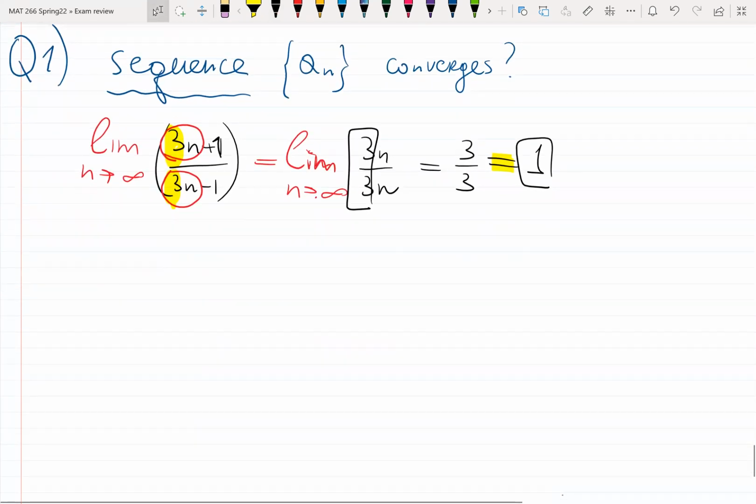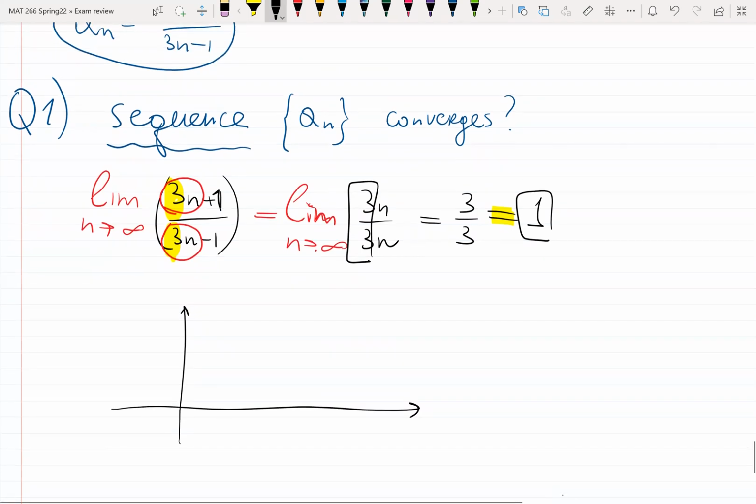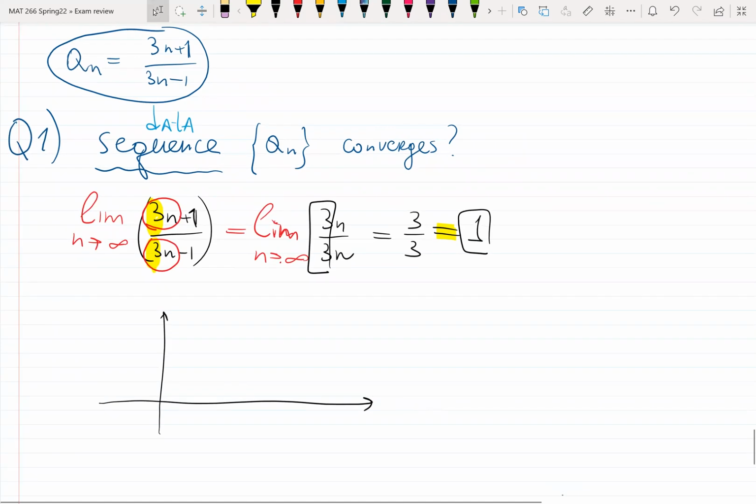The visualization will be like so. A sequence is a data set of points. What points? At 0, when you plug in n equals 0, it will be 1 over minus 1, which is kind of a weird example, but okay. Anyway, you have those points, and you just look at them, and a data scientist asks you, do you see any pattern? Where does it all go?